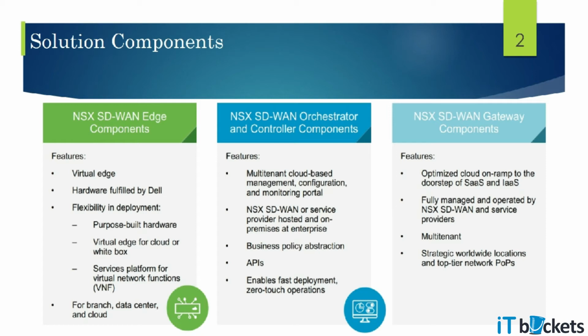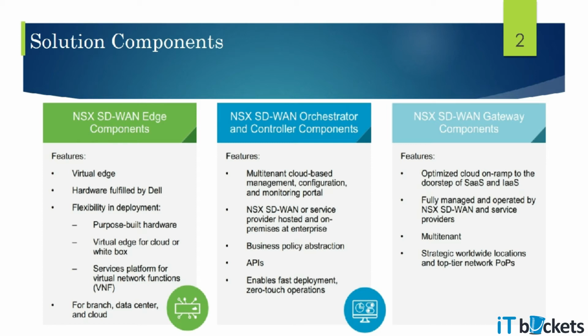You don't need to deploy on your on-prem. You can get it either from the service provider or from VMware. They provide scalability, redundancy, and on-demand flexibility for traffic steering. When I talk about steering, it means transmitting the traffic to the best optimized link available on the internet.